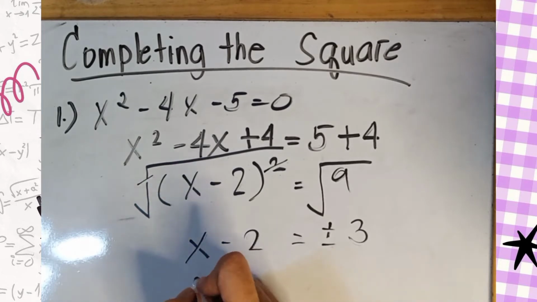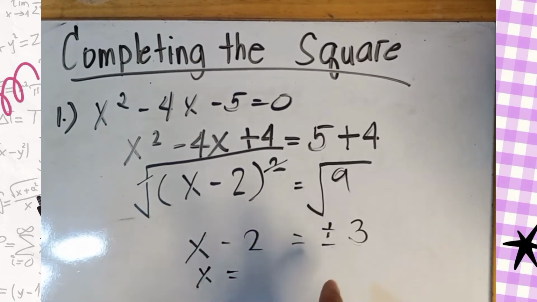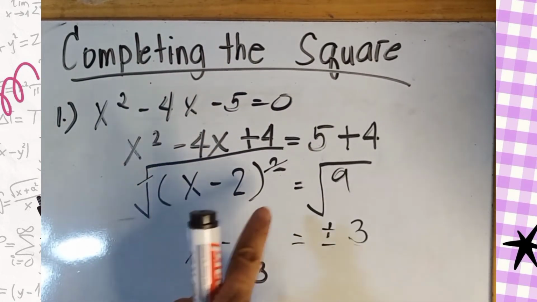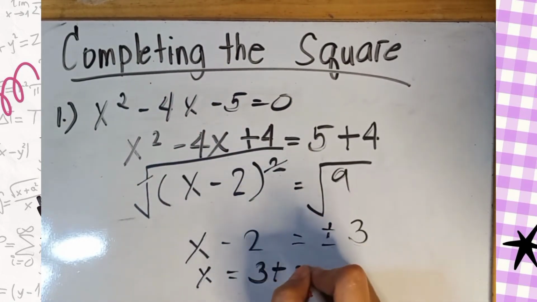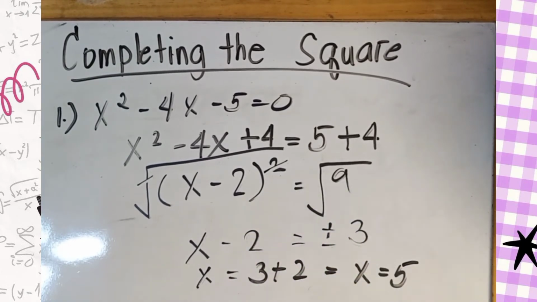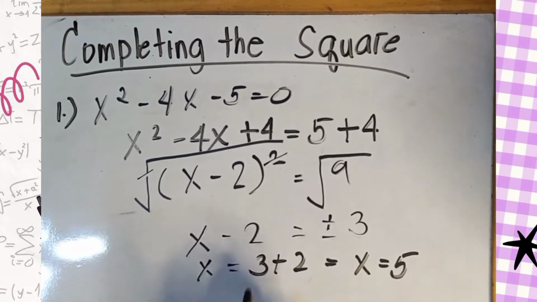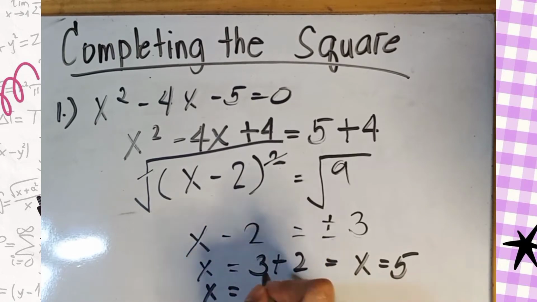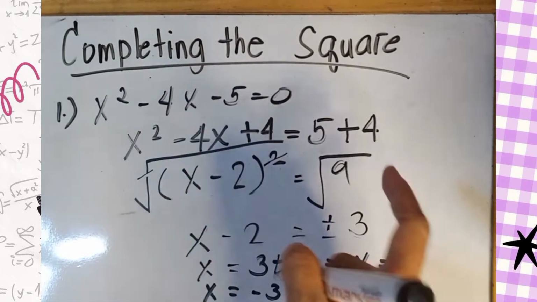And now, we can find the value of x. X is equal to, if x is positive 3, transpose negative 2, it will become positive 2. So, x is equal to 5. If x naman is negative 3, transpose negative 2 ulit.